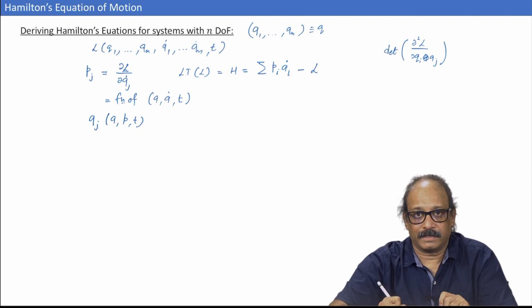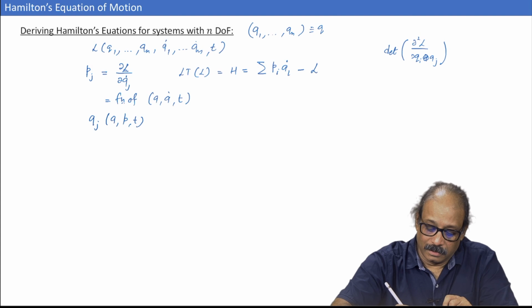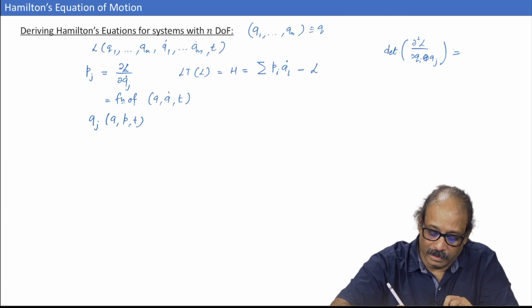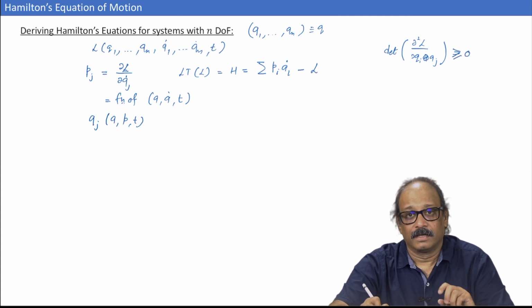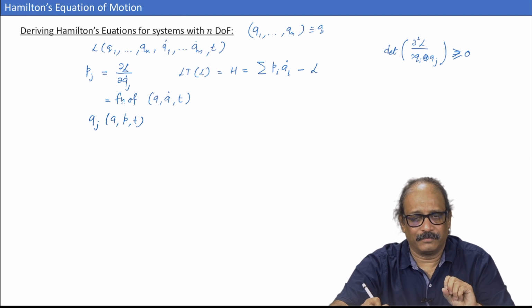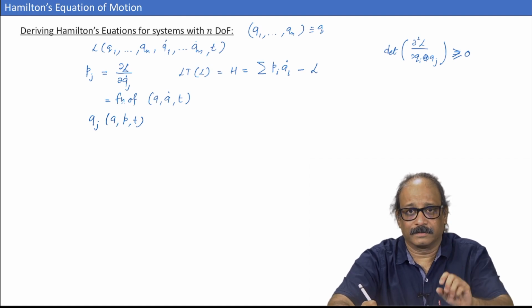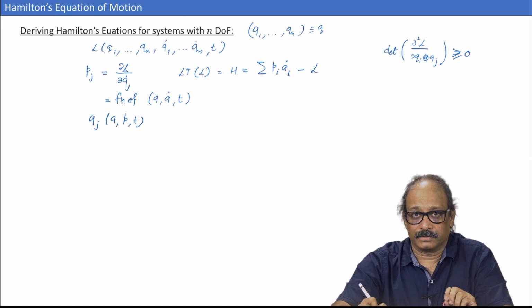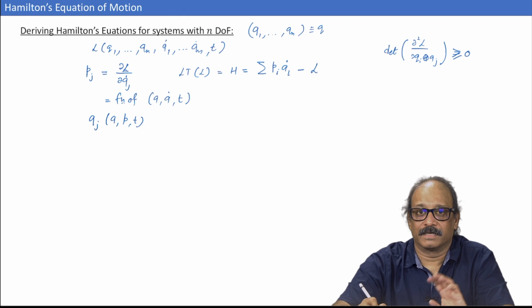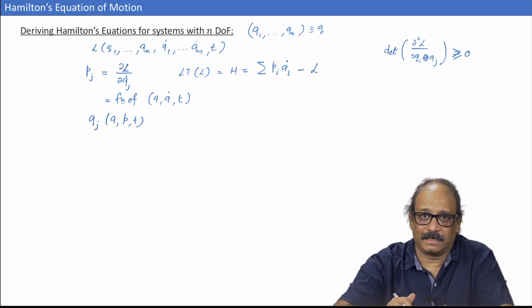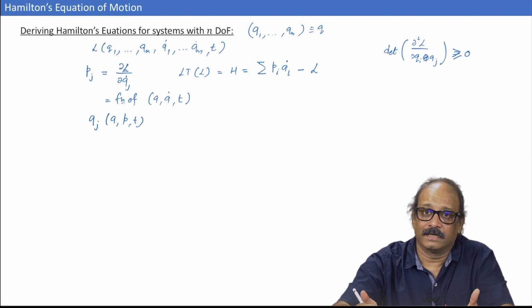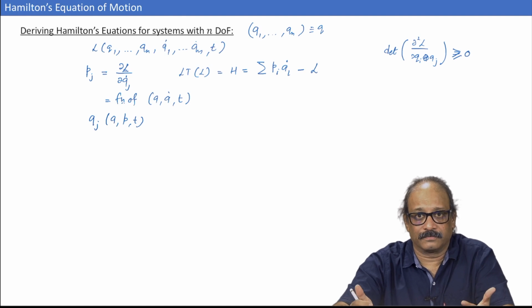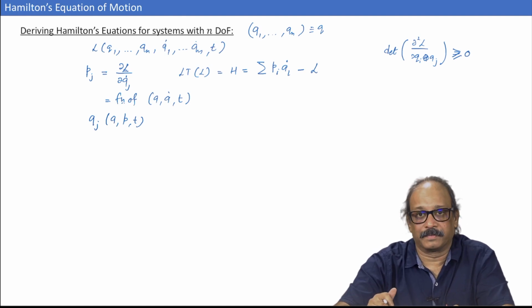Of this Hessian matrix, the determinant should be greater than or equal to 0 if there are two variables, and to be very clear or accurate, what must happen? The eigenvalues of the Hessian matrix must be all positive, and we will make that a reasonable assumption in this case. Again, if the Lagrangian is a quadratic function of q dots, our purpose is served.